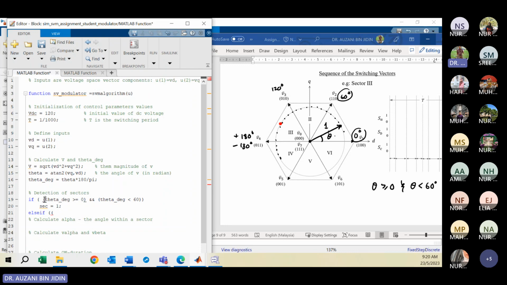Just copy, it's easier, it's slow. Okay, what is this? Theta degree what? Larger than or equal to 60, and less than 120. So this will be sector 2.